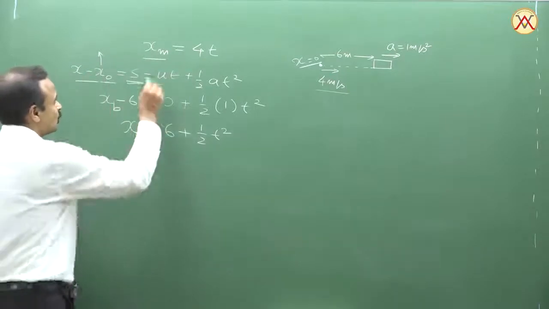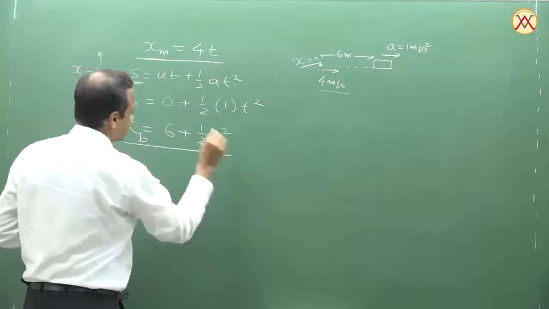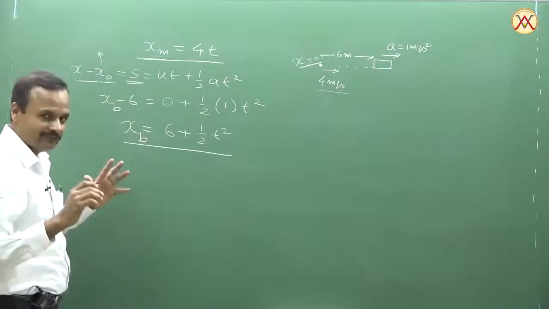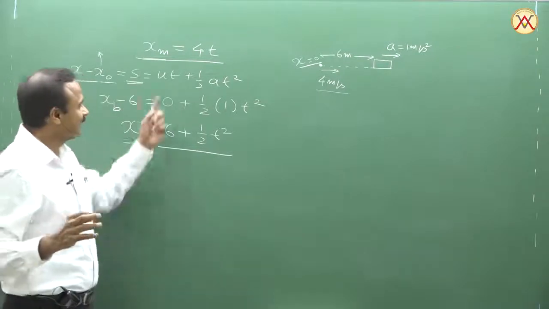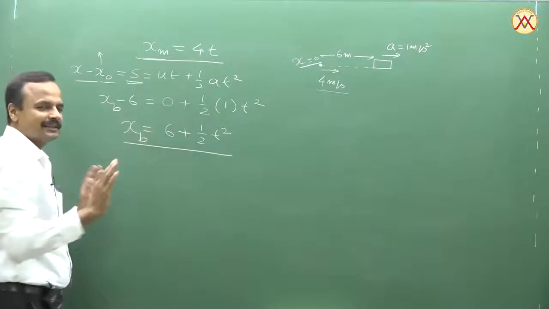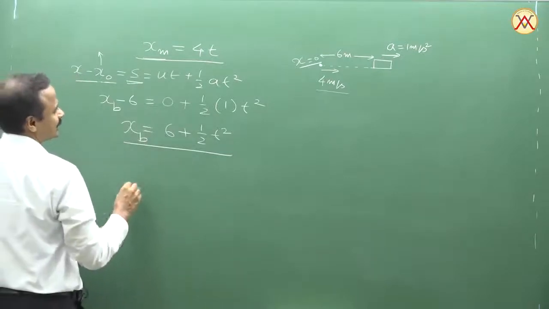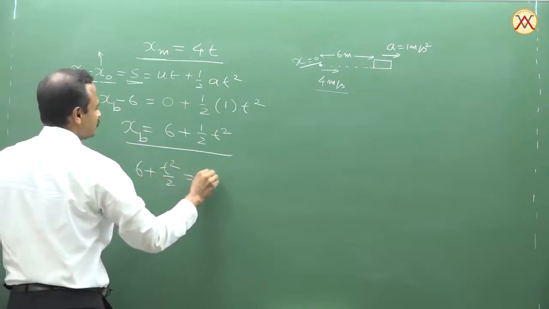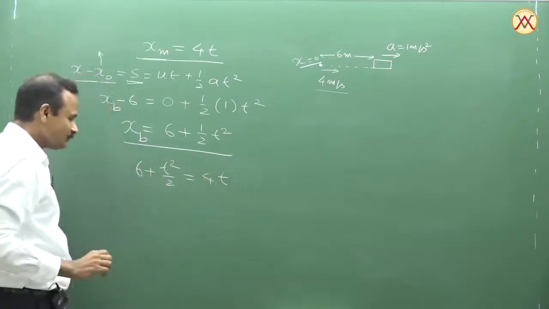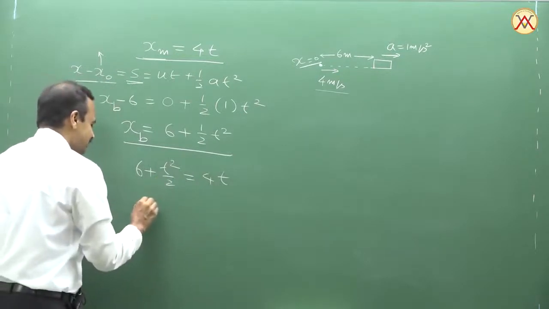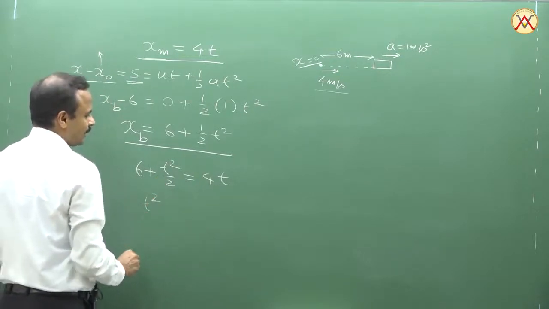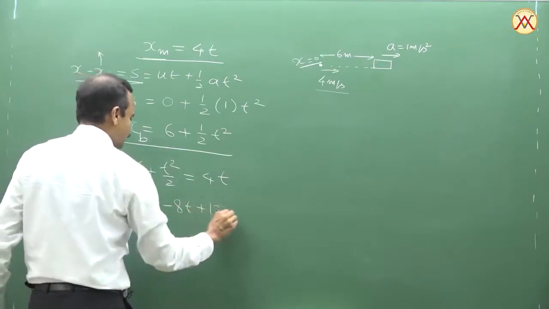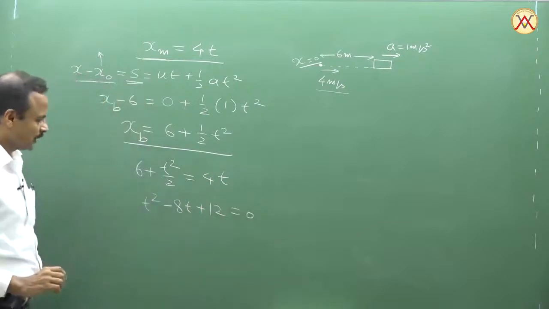So what we have to do is equate these two. If and when the person catches the bus, we are not sure yet, but if and when this happens, their coordinates will be equal. So let's put 6 plus t square by 2 is equal to 4t. Now this can be written as t square minus 8t plus 12 equal to 0.